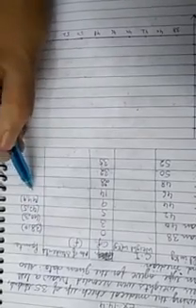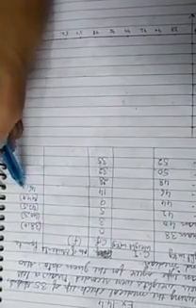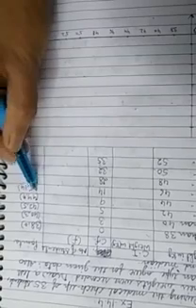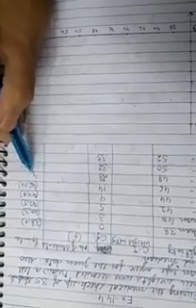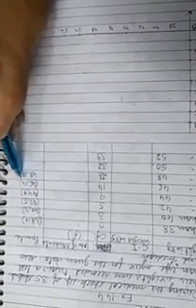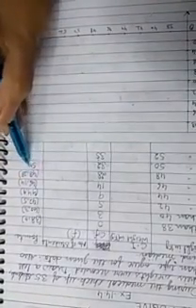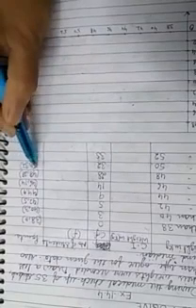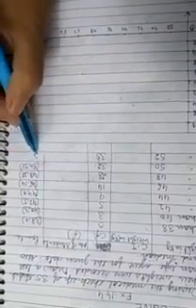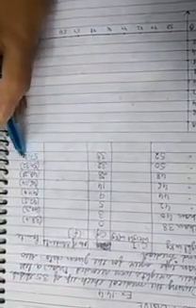The next 46, 14. The next 48, 28. Then 50, 32, and last you have 52, 35.